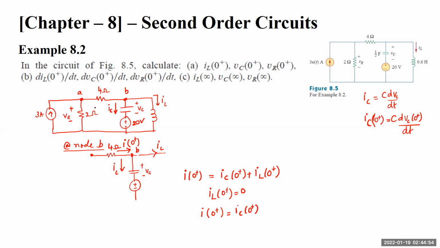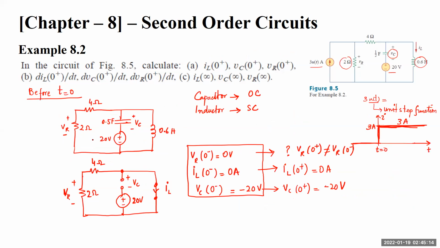And also, what is the value of the current I that is going here? This value is what we calculated. We initially calculated that there are 3 amperes here, 2 amperes were flowing here, and 1 ampere was going through here. Remember this current division rule which we calculated.